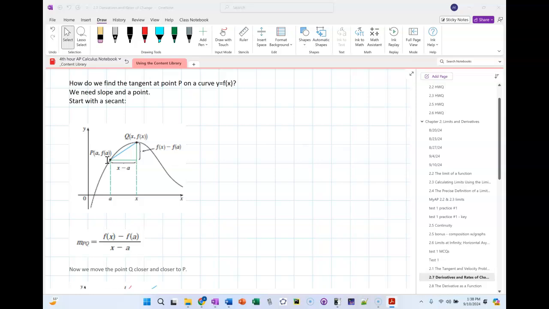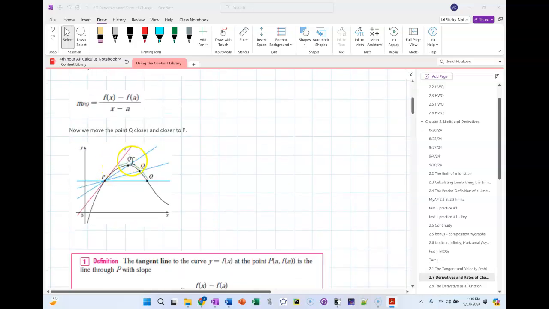We're going to look at the limit of that slope as Q approaches P. Everybody's okay with that idea? So every time we do that, I'm getting different slopes until I get exactly there. And then the slope of that new line would be the slope at P.